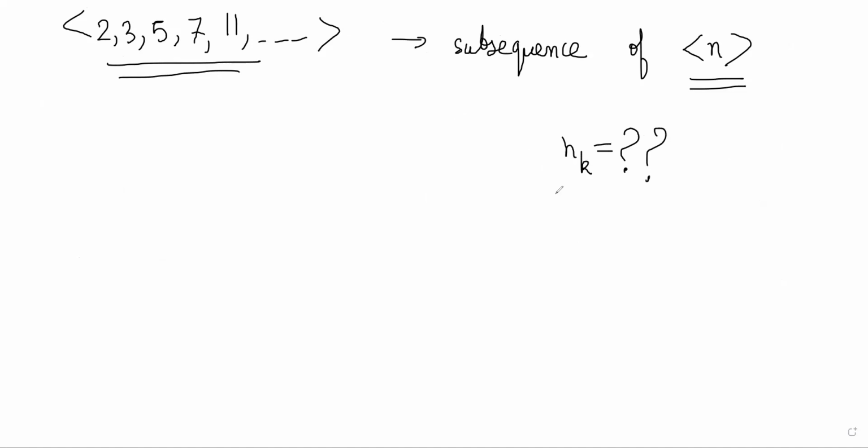We don't know the rule by which you are getting this, because nobody knows that rule, but still it is a subsequence of the natural numbers. So the basic idea of a subsequence is an increasing subset out of an original sequence that can be called a subsequence.